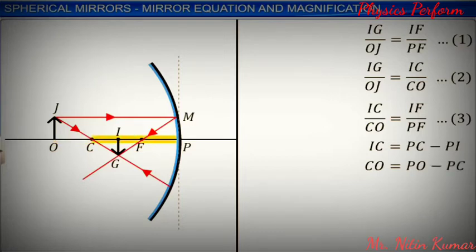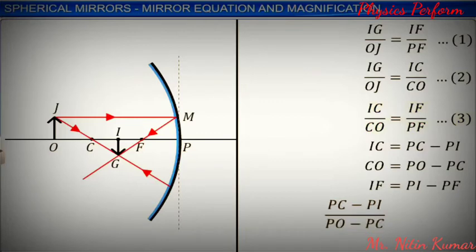Substituting these values in equation 3, we get PC minus PI whole divided by PO minus PC is equal to PI minus PF whole divided by PF, which is equal to PI by PF minus 1.